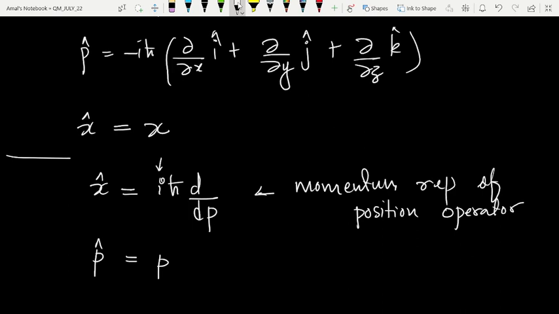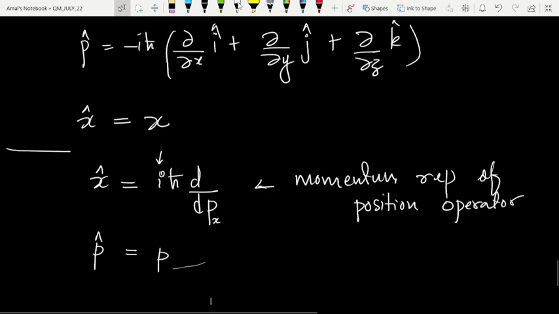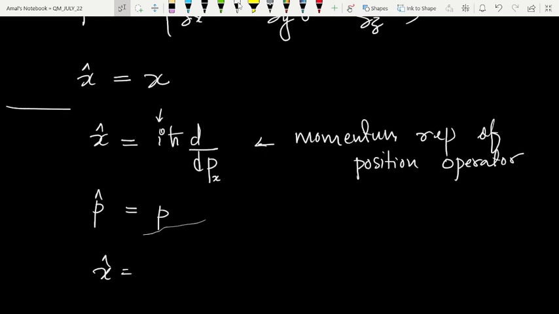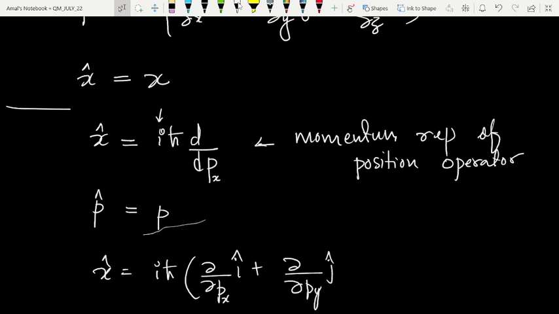Note that there is no minus sign here. In three dimension, this will become ih cross dou by dou px i cap plus dou by dou py j cap plus dou by dou pz k cap, where px is the x component of momentum.